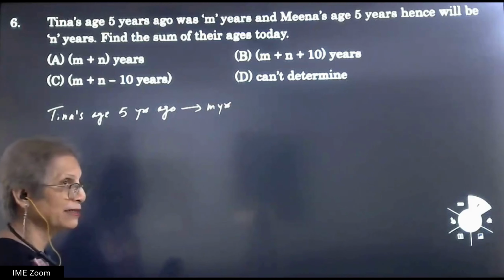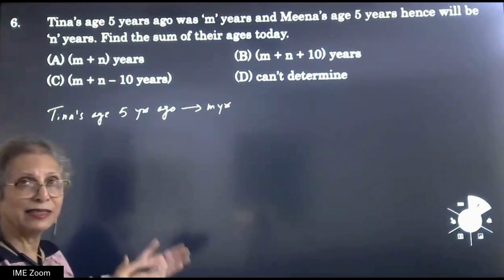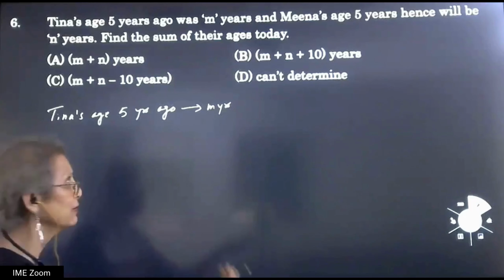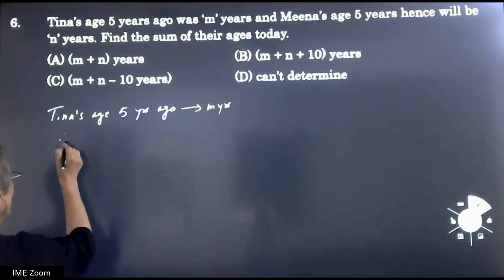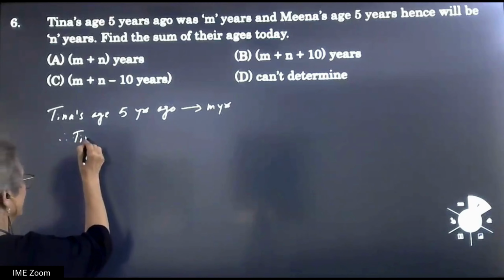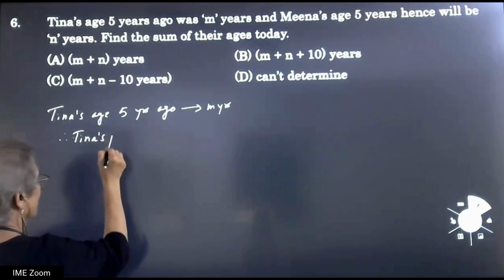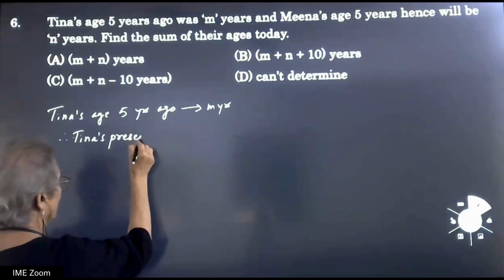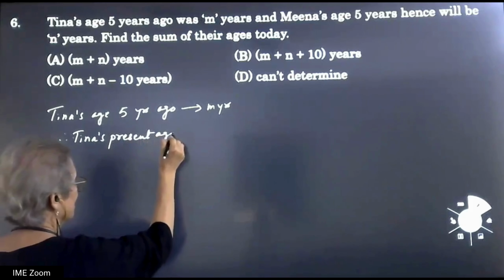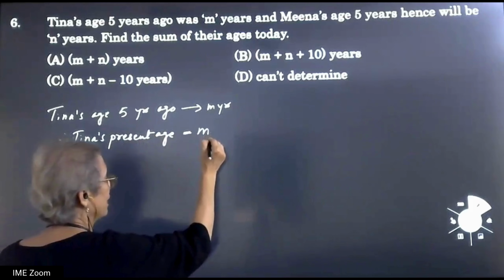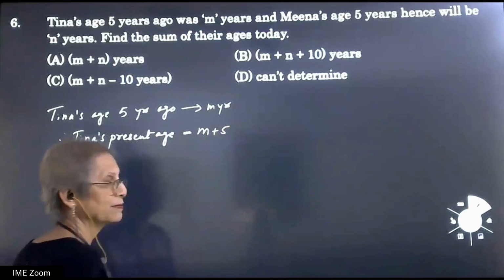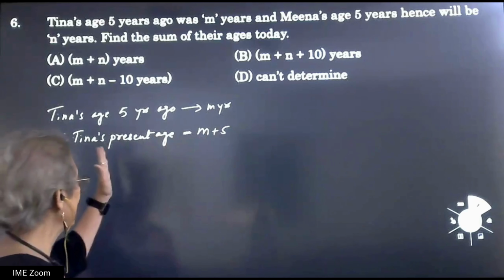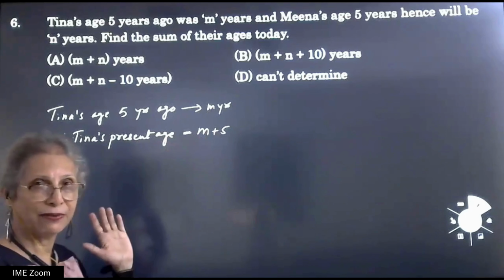So what is then the present age? Present will naturally be 5 more than 5 years ago, so add 5 to get the present age. Therefore, Tina's present age is M plus 5.